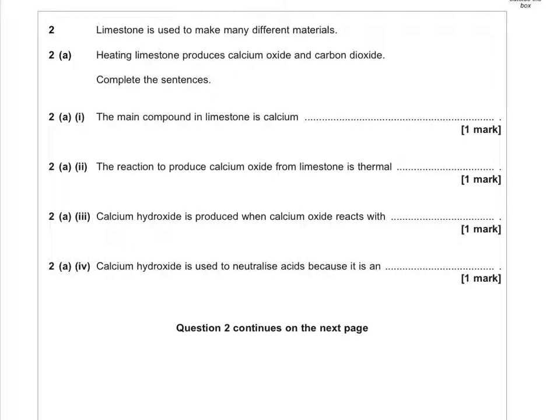And on to question 2. Limestone is used to make many different materials. Heating limestone produces calcium oxide and carbon dioxide. Complete the sentences. The main compound in limestone is calcium carbonate for this one. Okay, question 2A2.